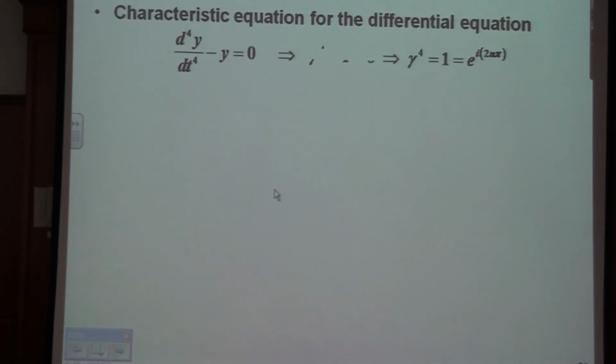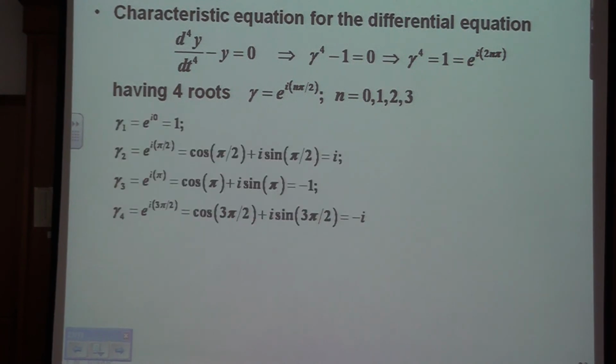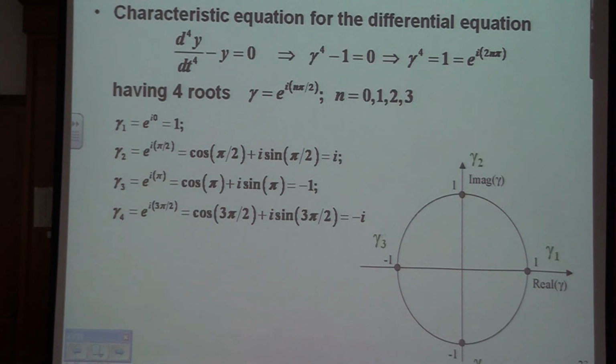Now, if gamma^4 equal to 1, not equal to minus 1, then you still have 4 roots. Gamma 1 equal 1, gamma 2 is i, gamma 3 is -1, gamma 4 is -i. And these are the 4 roots you got.